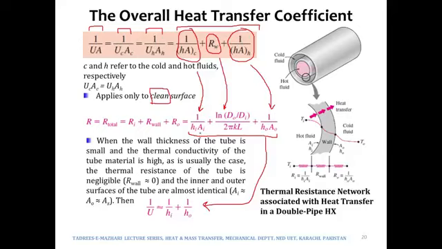Why would areas get cancelled out? See, these are different areas. Over here we have Ai and over here we have Ao. But what is the difference between Ai and Ao? The only difference is that of the radius or diameter. Now if the radii are approximately the same, then areas would approximately be the same as well.